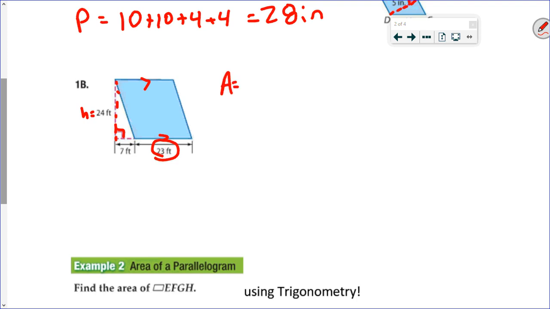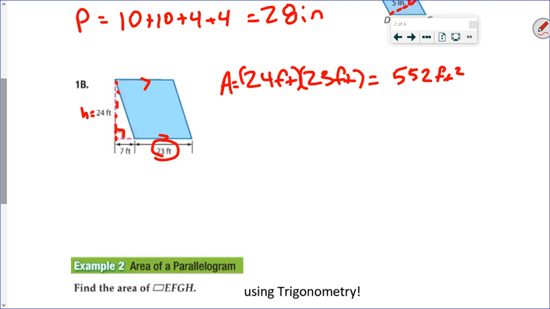So to find area, again we do 24 feet by 23 feet. If you multiply those together, we get that the area is 552 square feet.